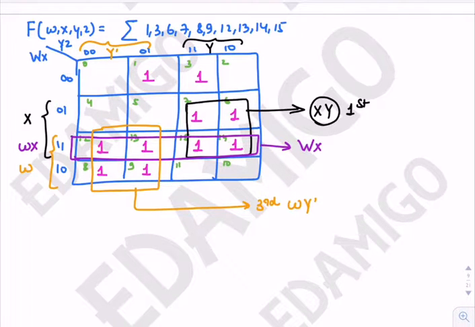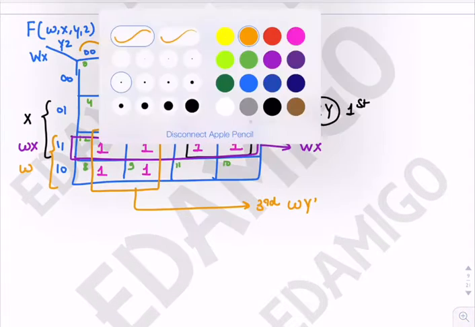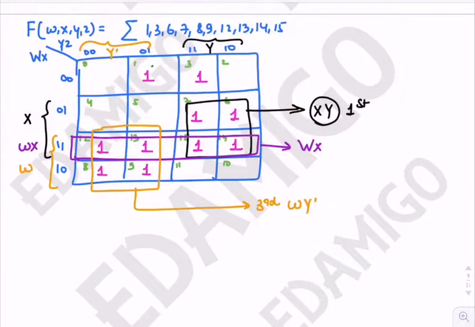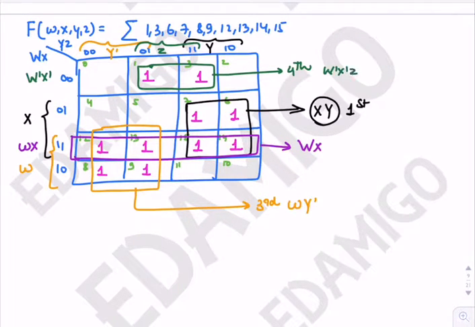And this is the fourth one. Here we have w bar x bar, and in these two terms z is the same, so w bar x bar z. So this is the fourth prime implicant.